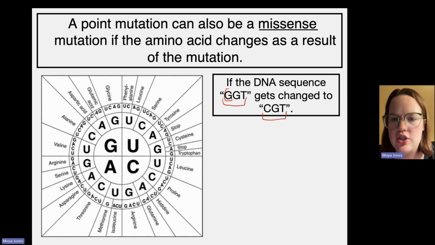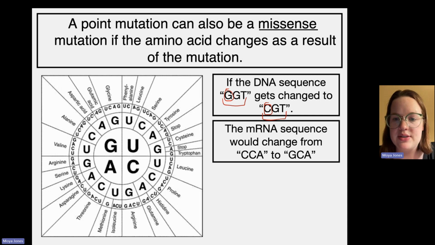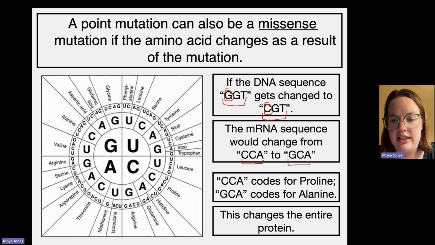Notice it's still only changed at one single point. So it's still a point mutation, but this is a missense point mutation. This would change the mRNA from being CCA to GCA. CCA codes for proline, GCA codes for alanine. So this would change the entire protein, so it is called a missense mutation.